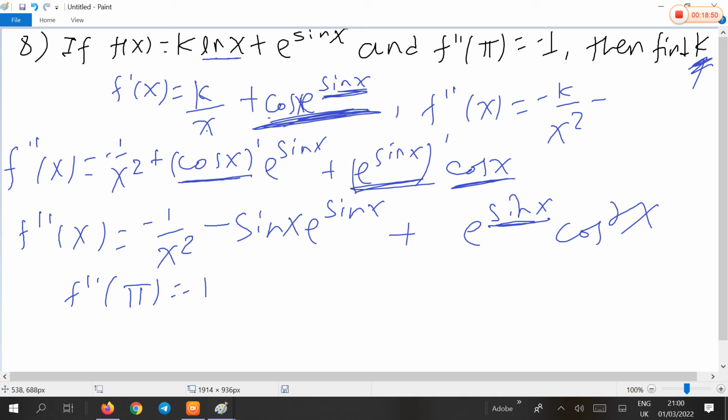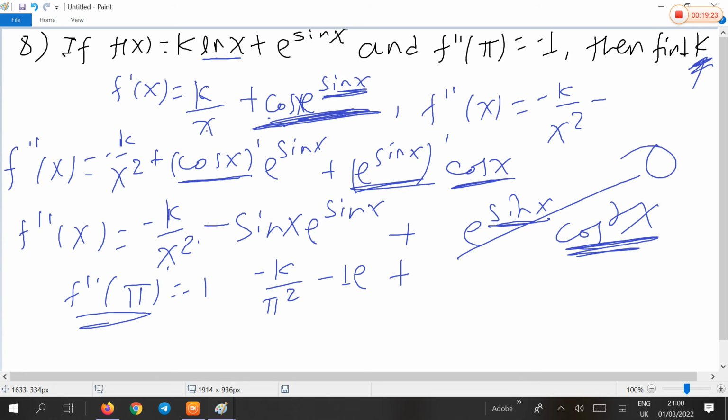If we substitute pi, the second derivative at pi will be minus k over pi square, minus sine of pi, sine of 90 degree is 1, so e to the power of 1 is e, plus cosine of 90 degree is 0, so this will be 0, and this is equal to minus 1.